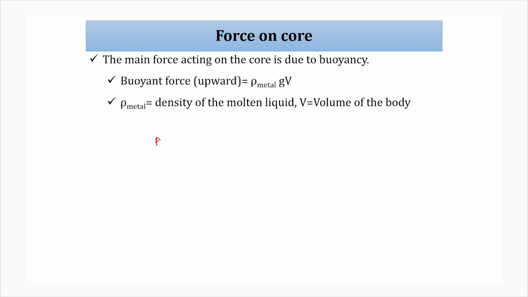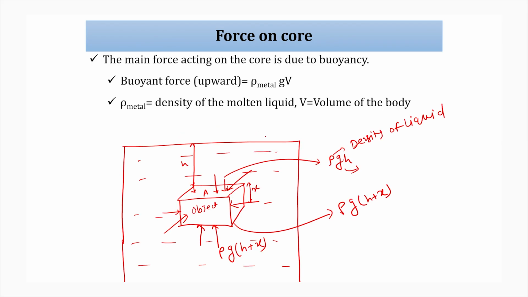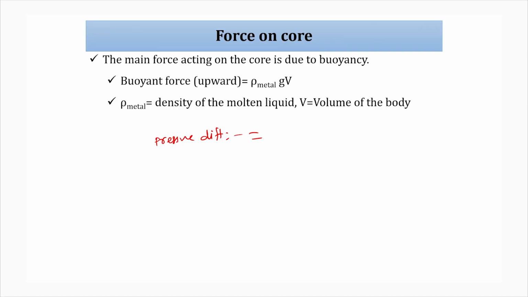So what is the pressure difference on this object? From the top rho g h, from the bottom rho g (h plus x). So rho g (h plus x) minus rho g h gives rho g x. The pressure difference will be rho g x.